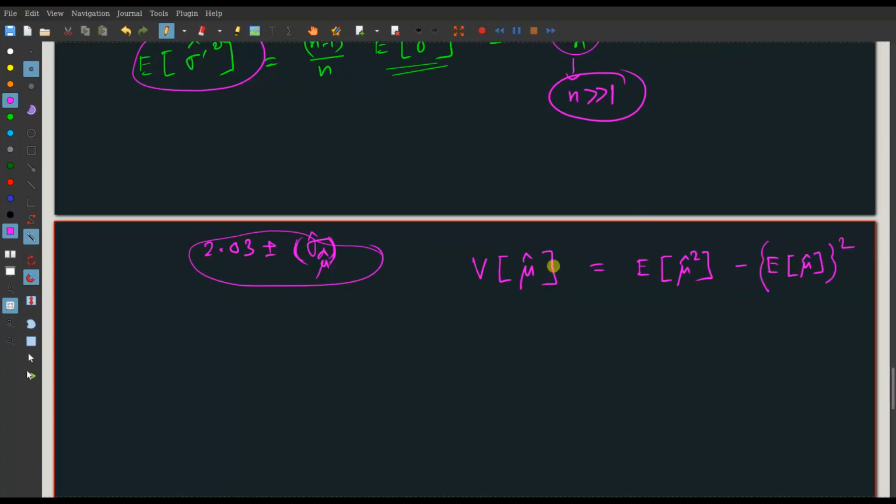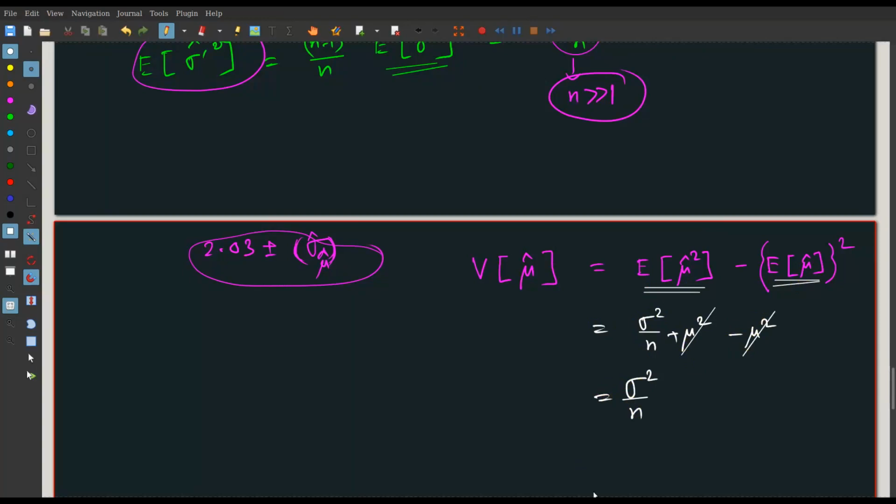So that is the statistical uncertainty in the sampling distribution itself. Everybody understands that. And a few moments ago, we calculated both of these. So this expectation value of mu square was sigma square over n plus mu square. And since this is a zero bias estimator, expectation value of mu hat is just mu. So this is minus mu square. Mu square cancels out, and this is sigma square over n.